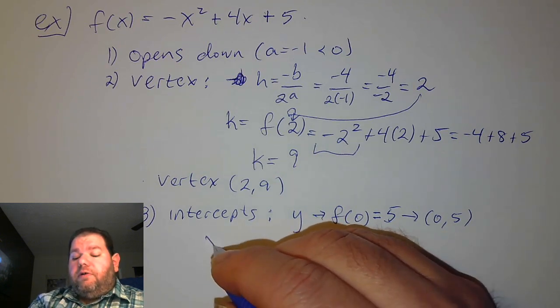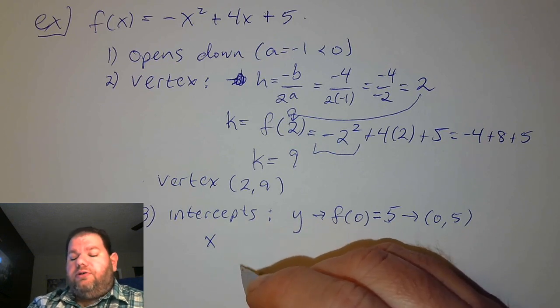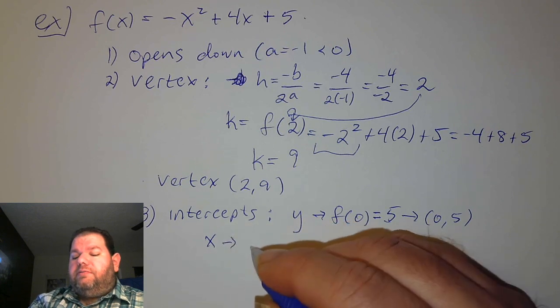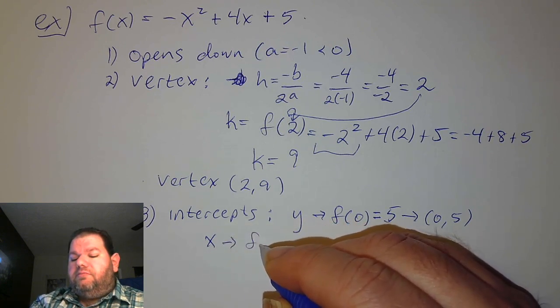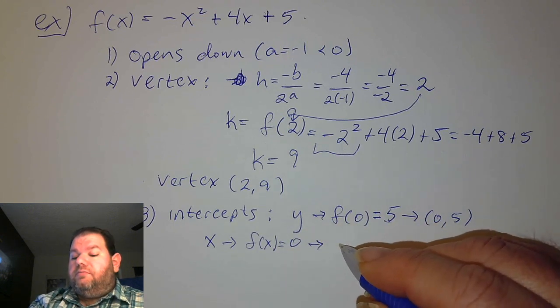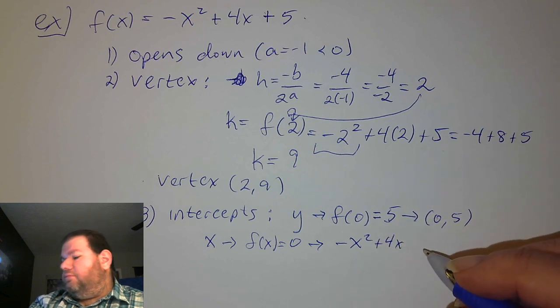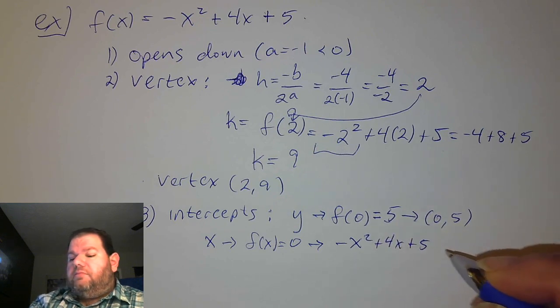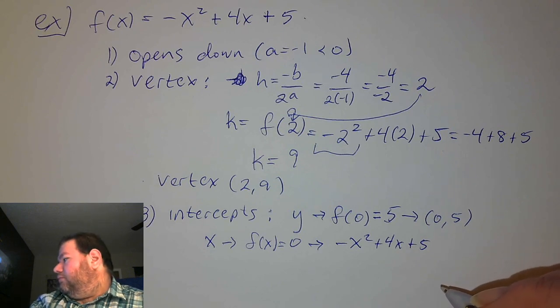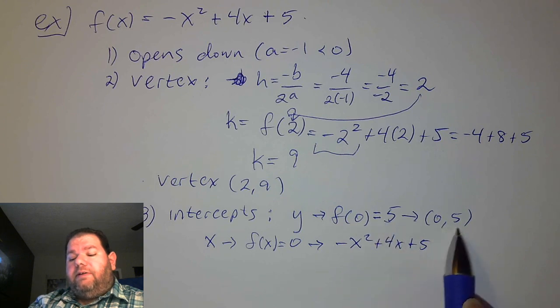The x-intercept is a little bit more involved because it does usually involve factoring or solving a quadratic equation. The fact that we plugged in 0 for x and got a 5 for y, that sets up our coordinate.